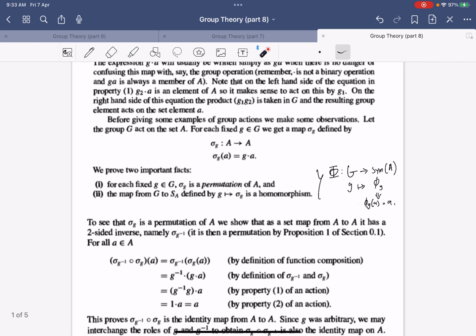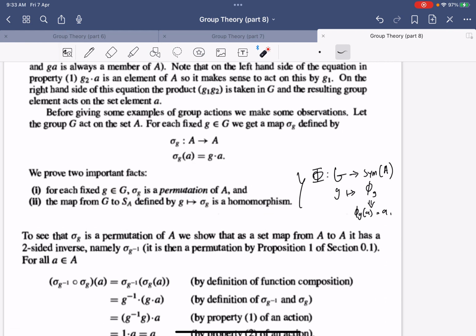Well, it means that for a fixed G, we can now define a map sigma G from A to A, which sends any A to where this G acts upon it. And this map that we define for every G will become a function, and this function is a homomorphism.